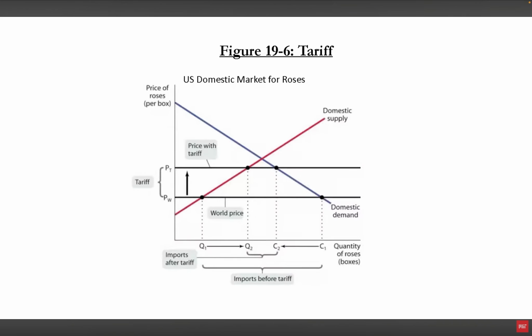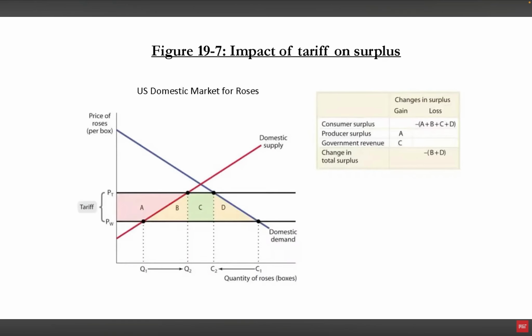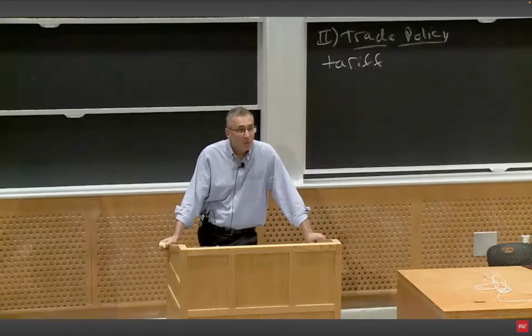With the tariff, we've dropped to Q2 and C2. What has happened? Well, by moving from Q1 to Q2, we have increased producer surplus by A. Make sure you see that. Producer surplus up by A. Why is producer surplus up by A? Because the price is up from PW to PT and they're selling more roses. Producer surplus is up by A.